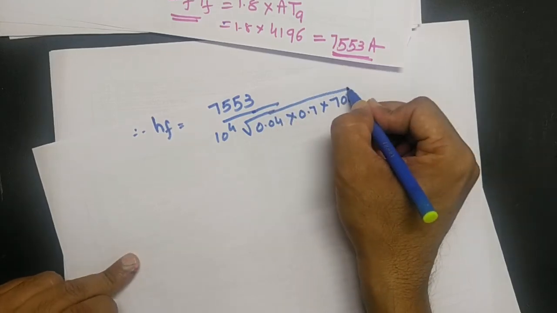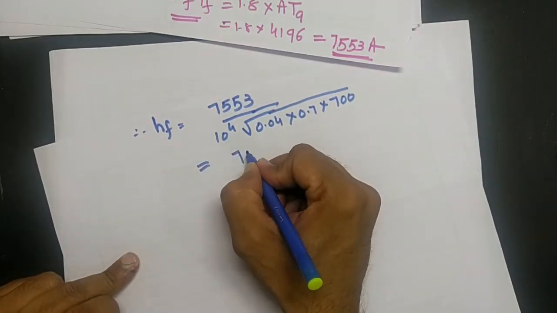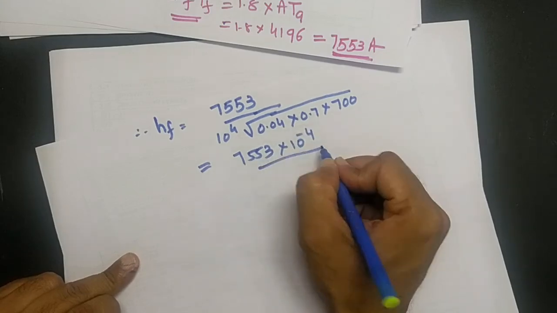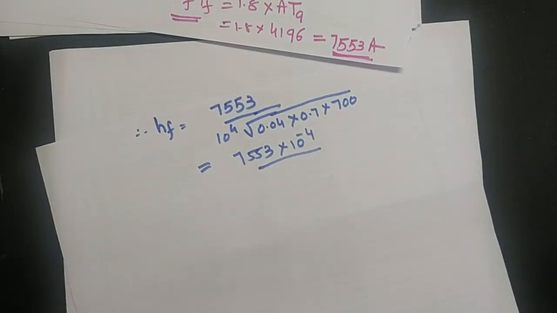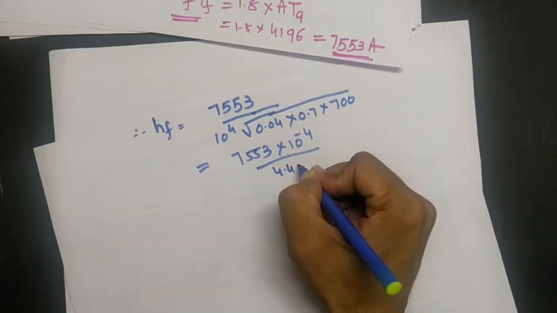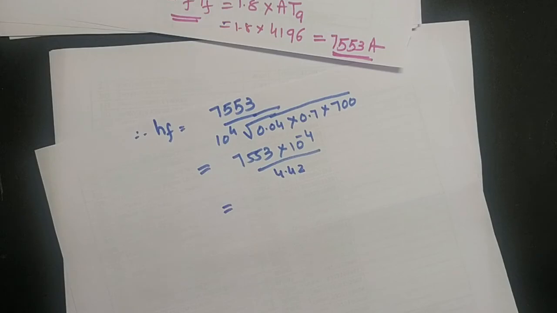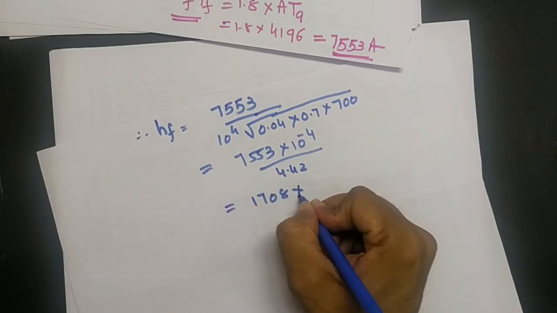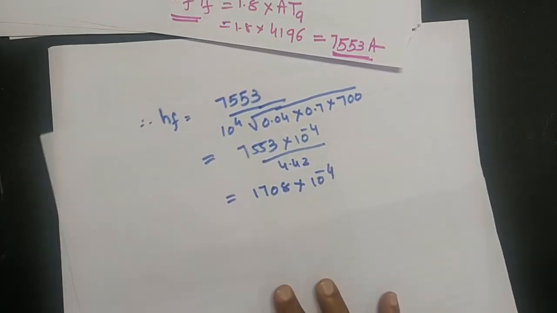Now if we calculate this value, multiplied by 10 raised to minus 4, it comes to 4.42. And 7553 divided by 4.42 comes to 1708 multiplied by 10 raised to minus 4.